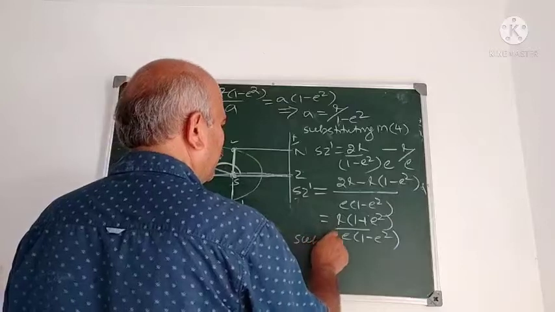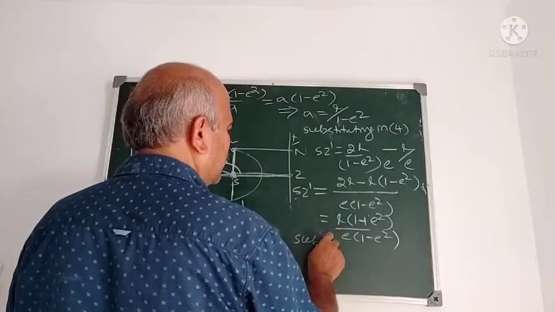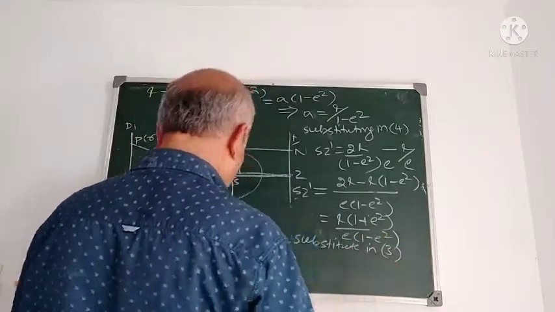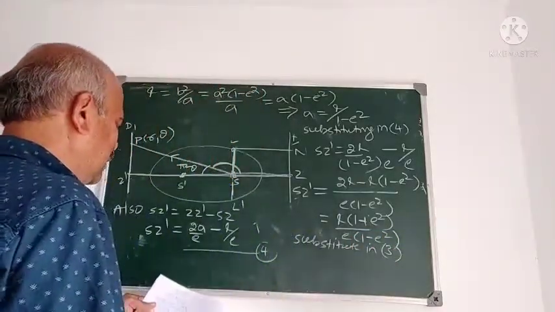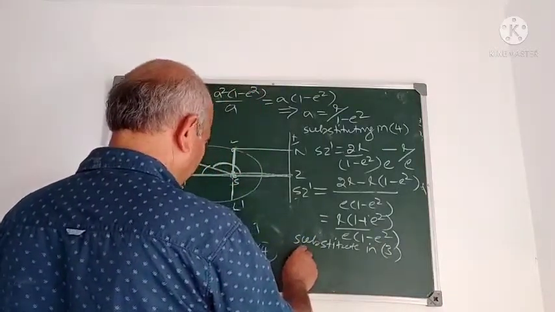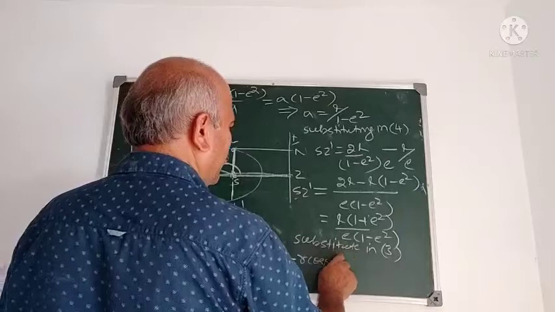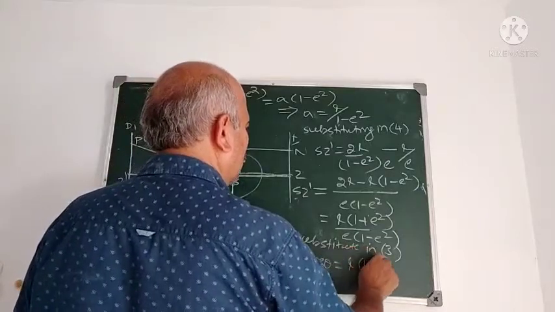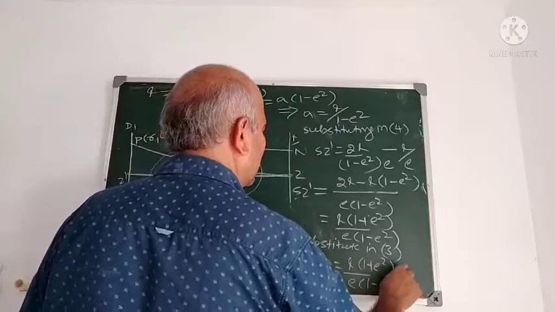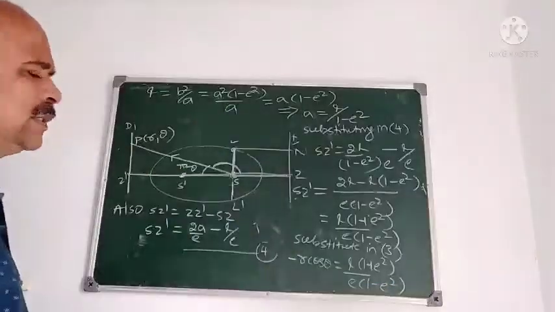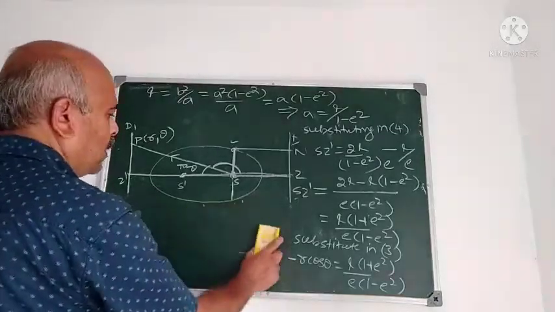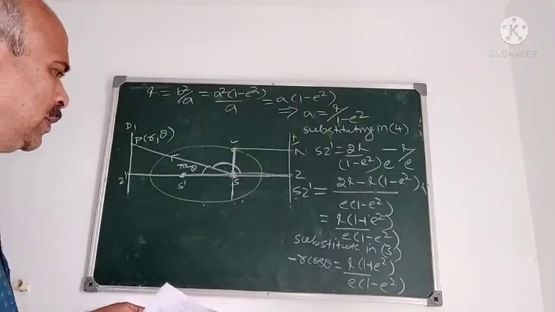Substitute in 3. What is 3? SZ dash is minus R cos theta. Therefore, minus R cos theta is l into 1 plus e square upon e into 1 minus e square. This is substituting in 3. Now simplify this.